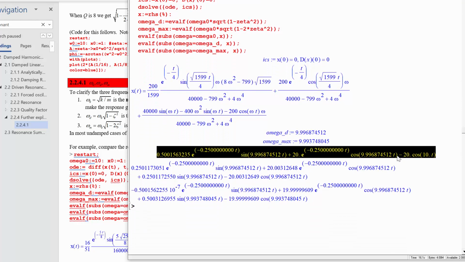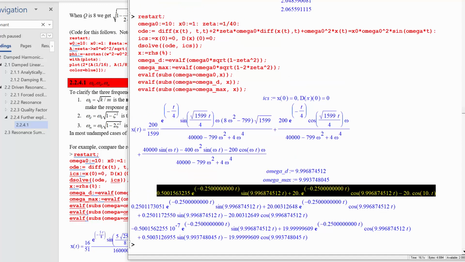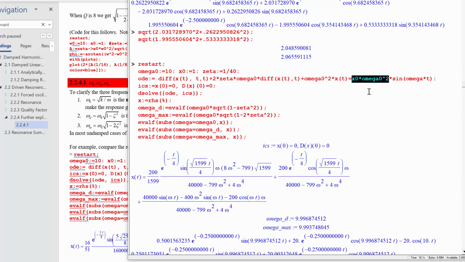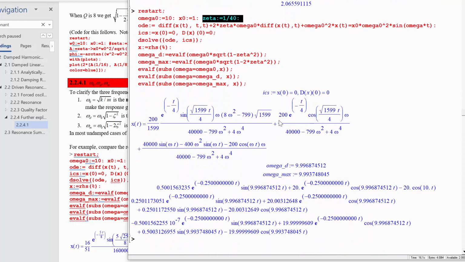With lower damping, notice that we're going up in the response amplitude here. So we weren't actually changing the driving force with the damping here. So this is real. This is just an increase in the amplitude by decreasing the damping, leaving everything else the same. So what happens if we drive it at the damped natural frequency?